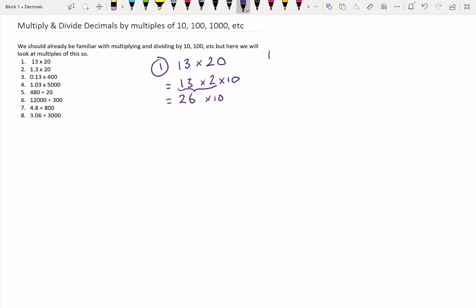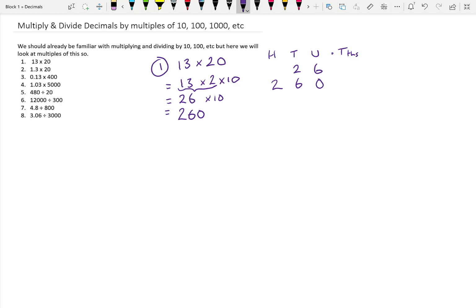Remember our number columns, our hundreds, our tens, our units, our tenths, and so on. When we want to multiply by 10, we move these digits one place to the left. So I get 2 and 6, and I need to put the 0 there to keep it in the right place. So my answer to that first one is 260.